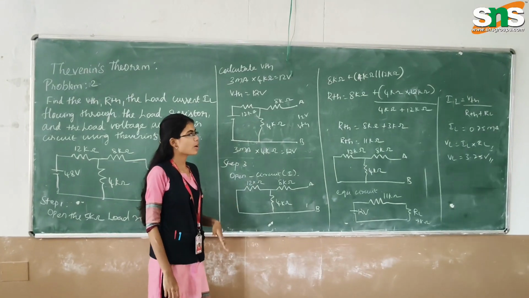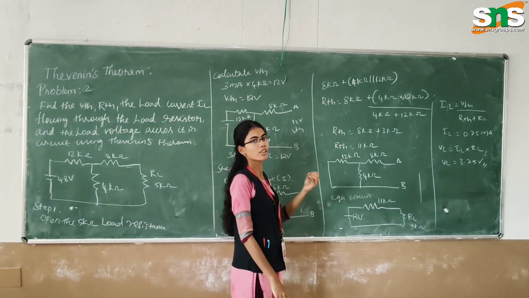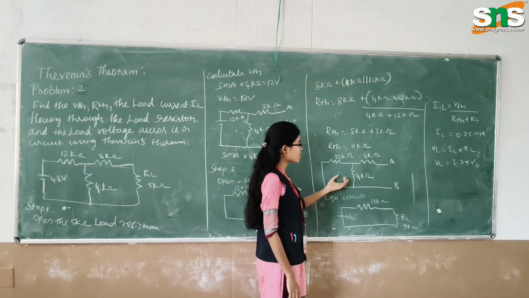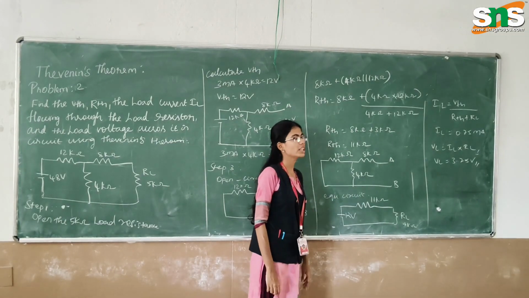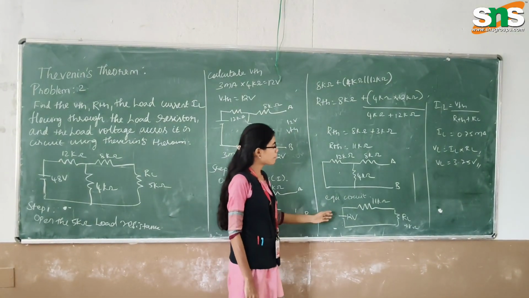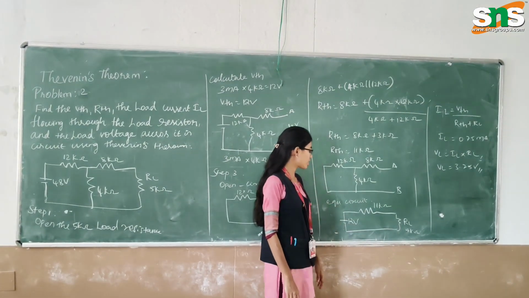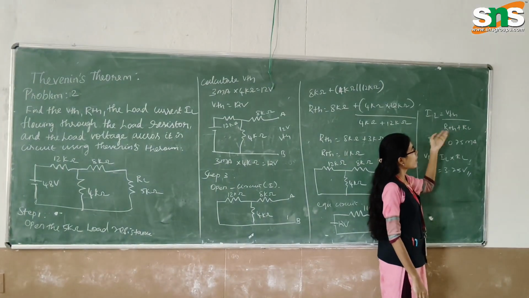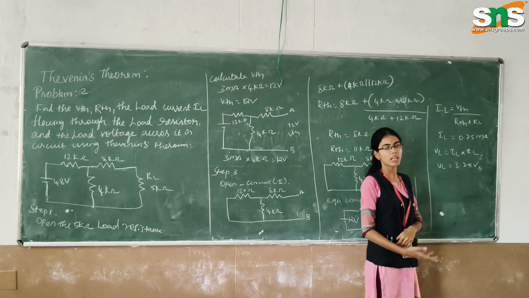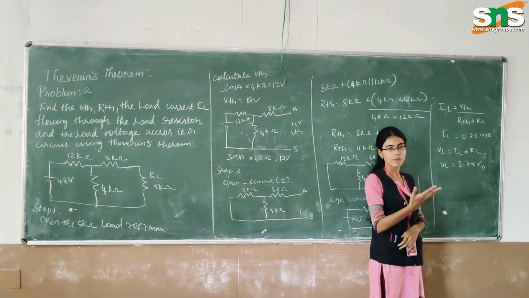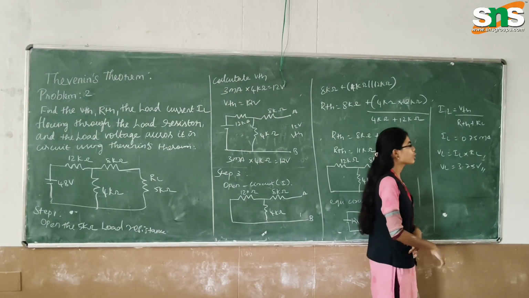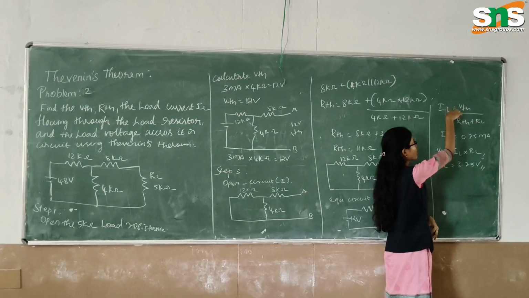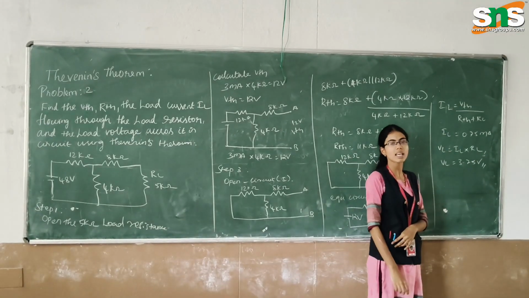Next we have to find the load current and load voltage. For this we can draw the equivalent circuit where we apply the Thevenin voltage and resistance with the load resistance. Applying I equal to V by R, we find the load current IL.